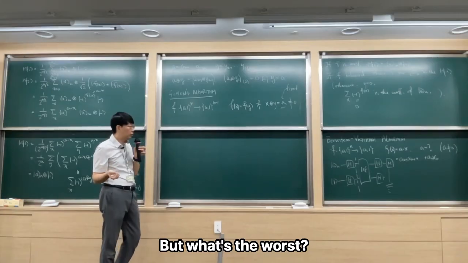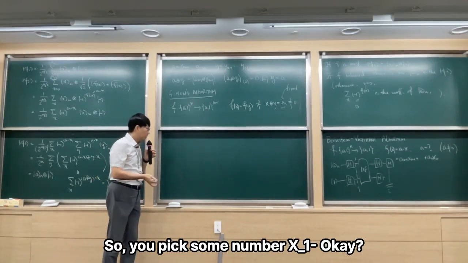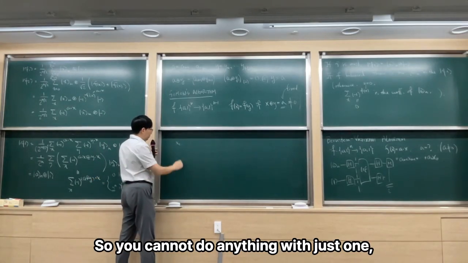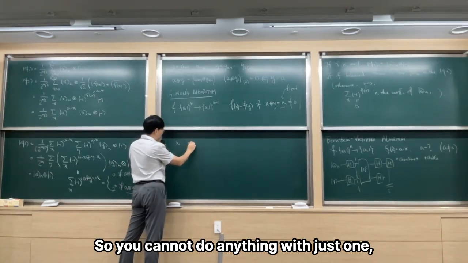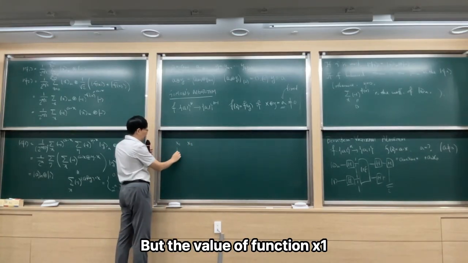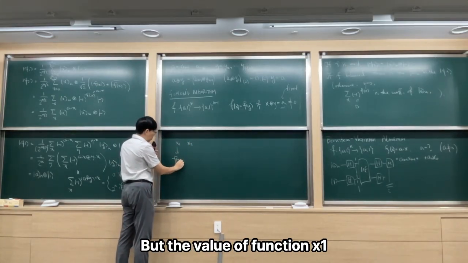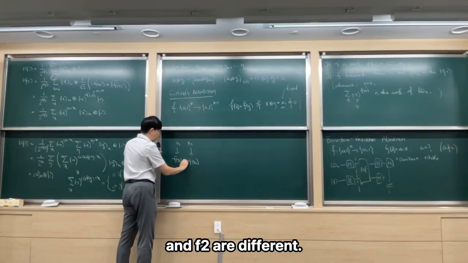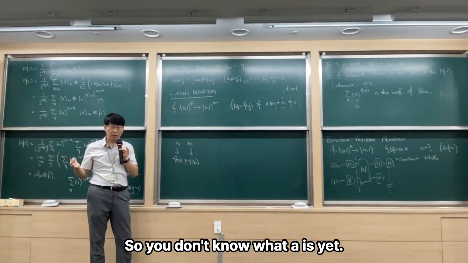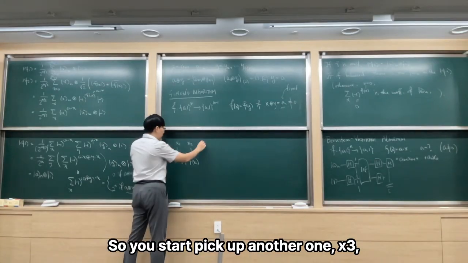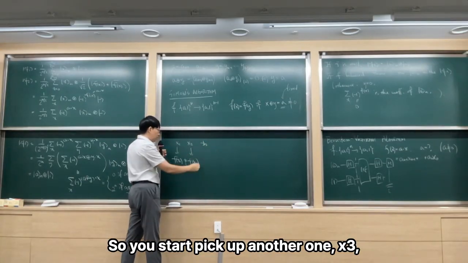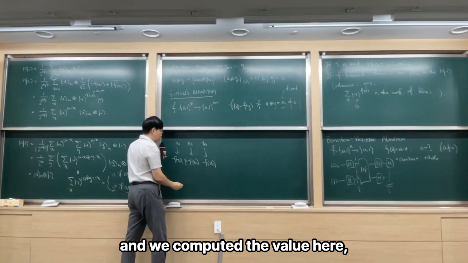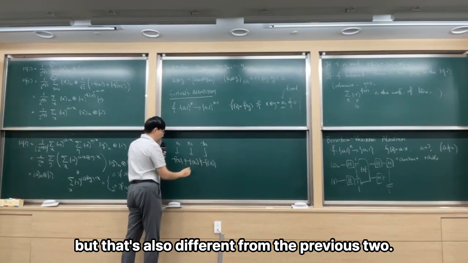But what's the worst? You pick some number x1. You cannot do anything with just one. You pick another, but the values of the function f(x1) and f(x2) are different. So you don't know what a is yet. So you pick another one, x3, and you compute the value, but that's also different from the previous two.